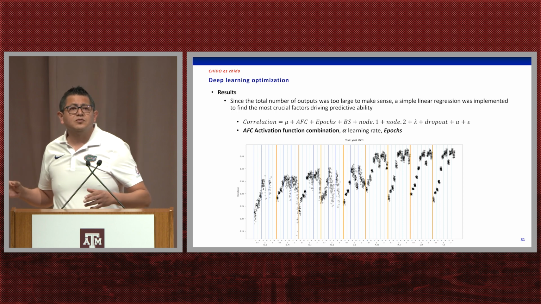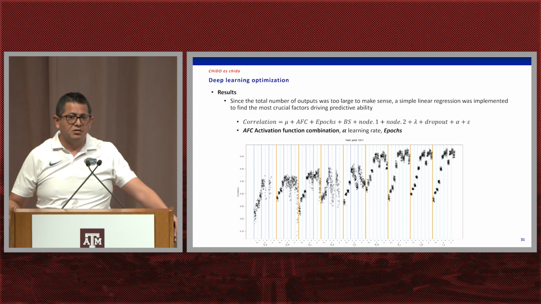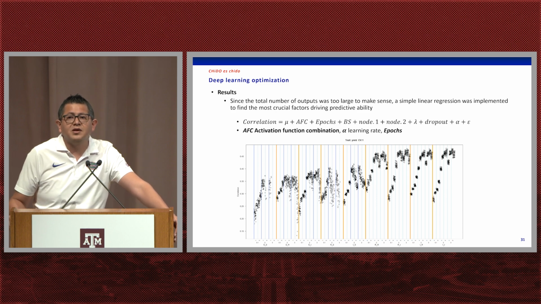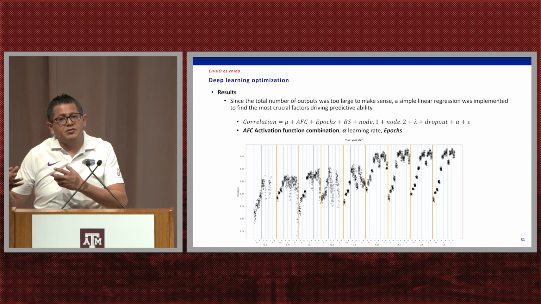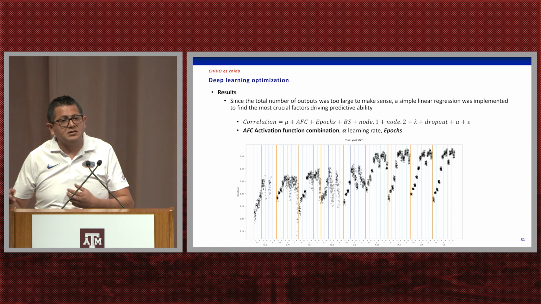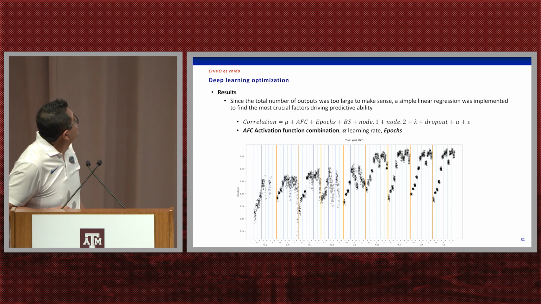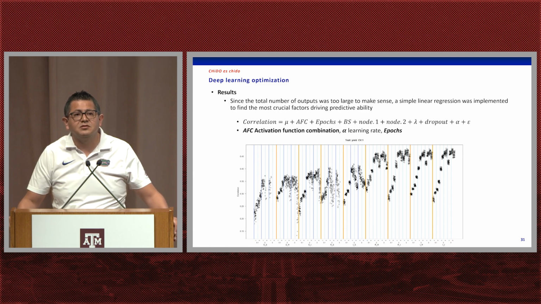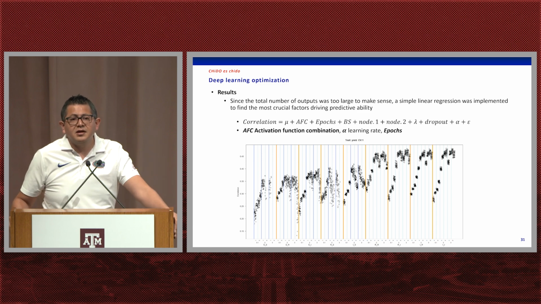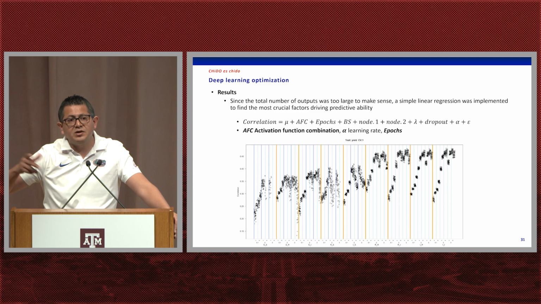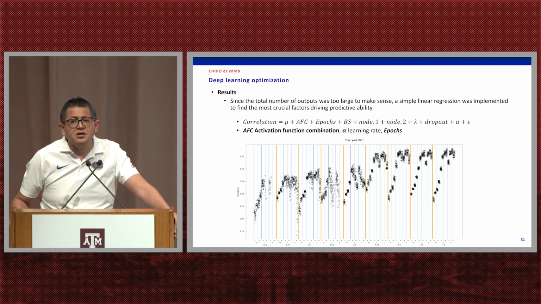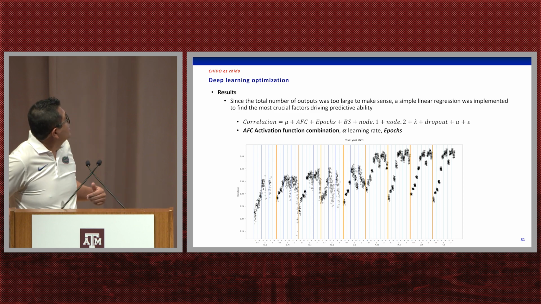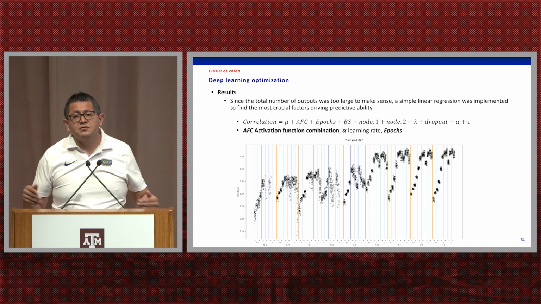So first, since we have a very large number of combinations, we wanted to find a way to simplify, to find patterns, how we can order the results in a way that we can visualize trends, right? So we did something very naive. We regressed the correlation that we obtained for each of the different combinations versus the activation function combination.